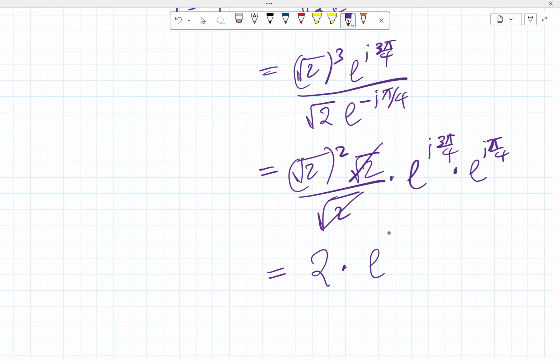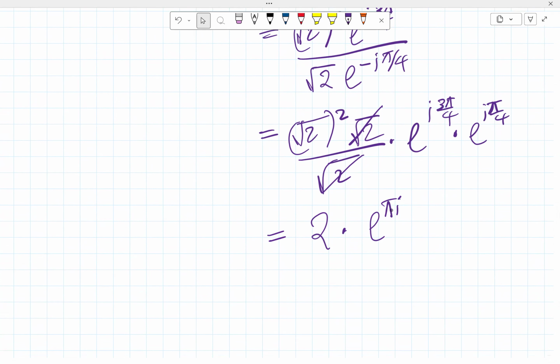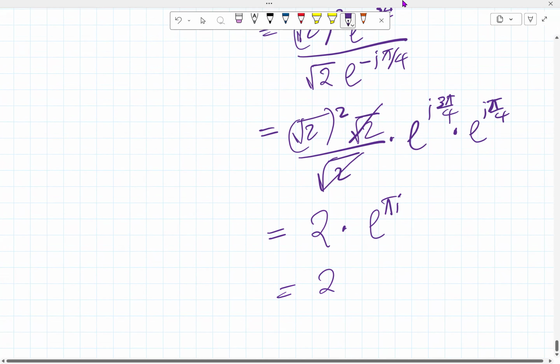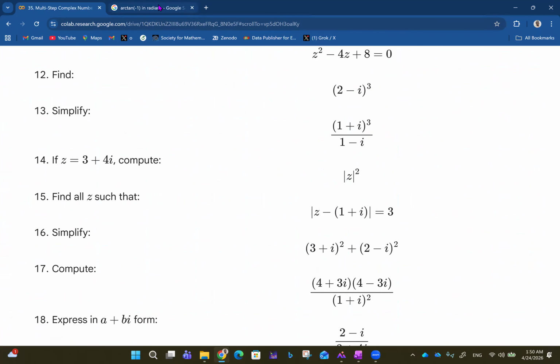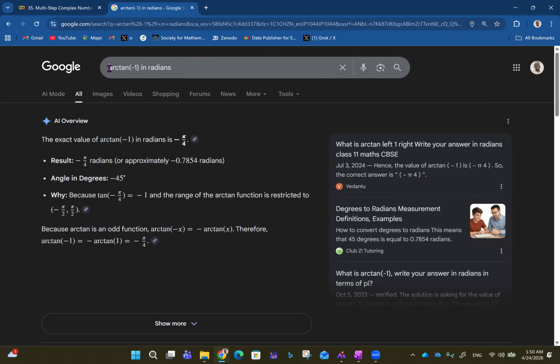e raised to the power i pi over 4 plus i 3 pi over 4 plus i pi over 4. That is simply 4 pi over 4, so this is simply pi i. So that's e raised to pi i. I believe e to the pi i is 1. Let's check.